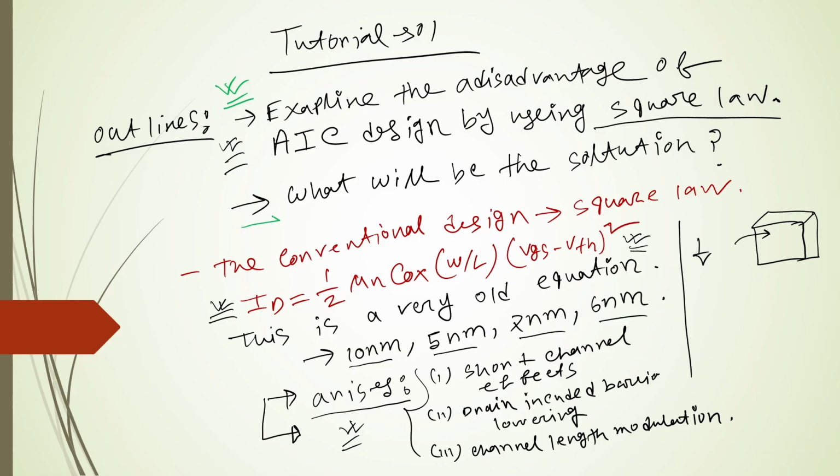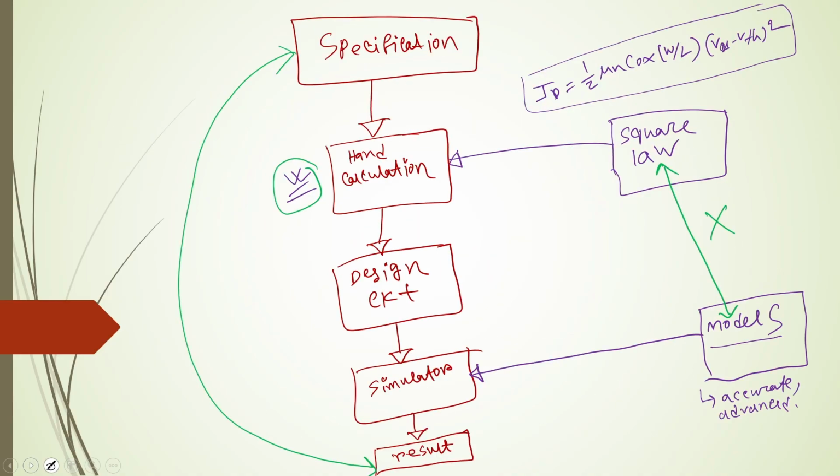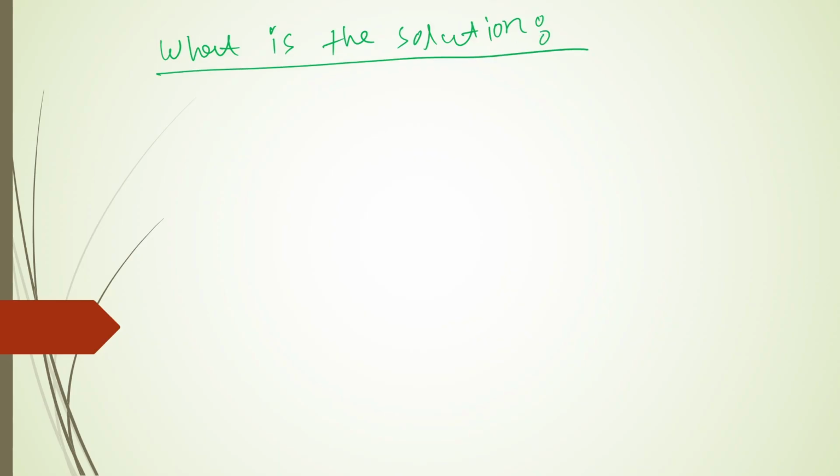We need to design circuits, because if we stop designing circuits, the world will stop. For this reason, we need to design and try to overcome some problems and find new solutions. So what is the solution? The solution is very straightforward and very simple.